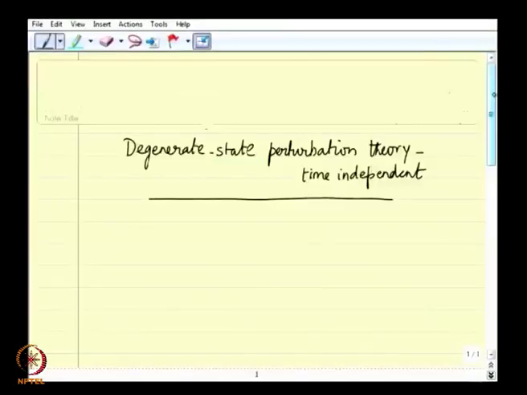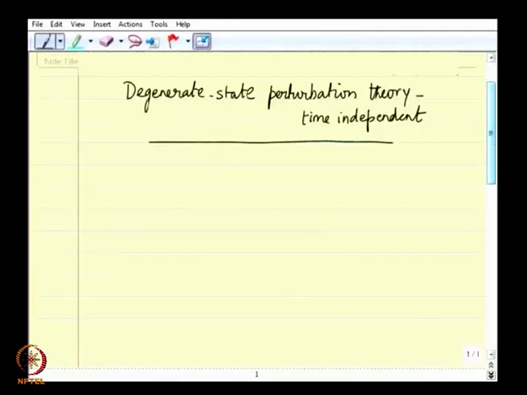So let me give you the title of today's lecture as Degenerate State Perturbation Theory. It is of course the time independent Hamiltonian that we are considering.